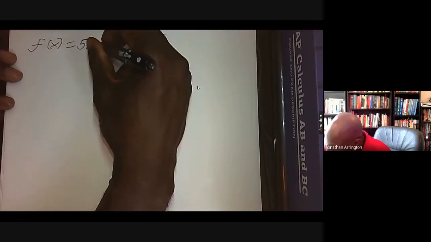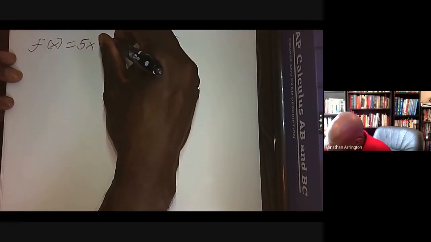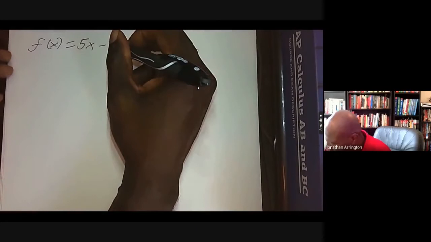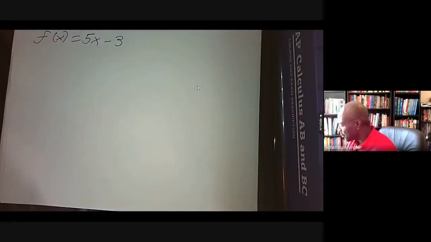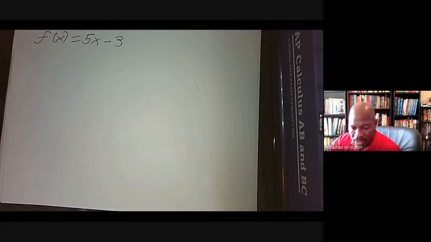So let's say f of x is 5x minus 3. Now I want you to think about this for a second. When I'm finding this derivative, in every case I'm finding a function that gives me the slope of a tangent line.